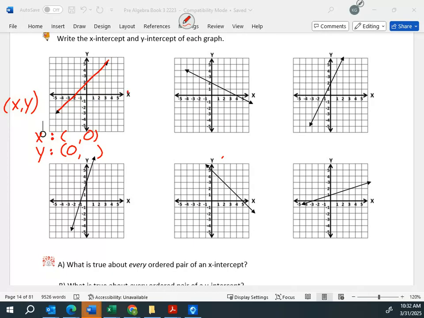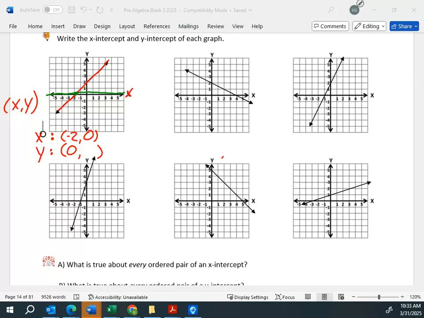Remember, the x-axis is the one that goes horizontal. So what number am I going to fill in for my x-intercept? Robbie? -2. Because when I look at that x-axis, I can see that line crosses it right here at the -2.